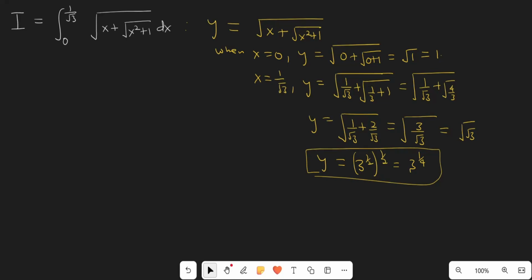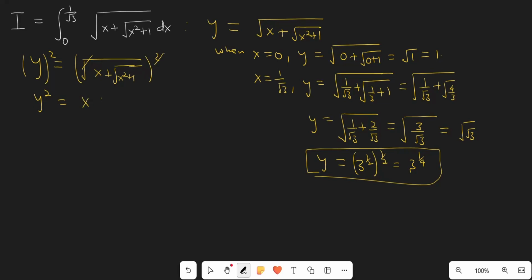Now that we have the change in limits, we have to find an expression for dx in terms of dy. Let's do that right now. Our initial substitution is y equals the square root of x plus the square root of x squared plus 1. What we have to do is square both sides. So we have y squared equal to, squaring both sides, the square cancels the outer square root.